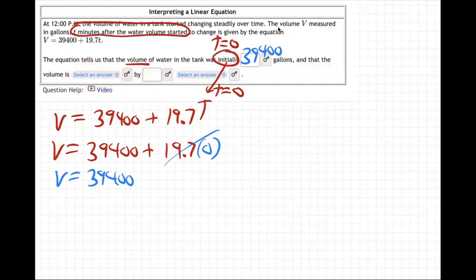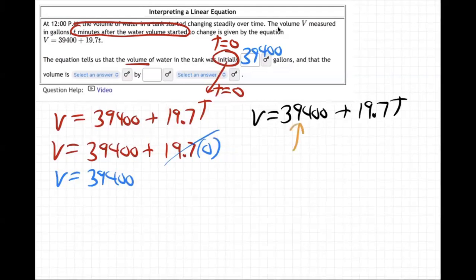Now, what are their options there? Well, they're saying, is it increasing or decreasing? So when we go back to the equation, let me write it here again. So V is 39,400 plus 19.7 T. So this is the initial starting volume at T is zero, right?